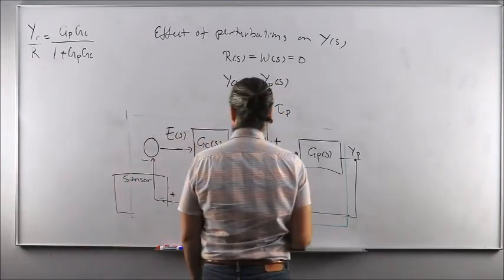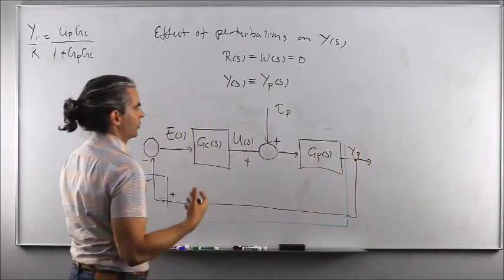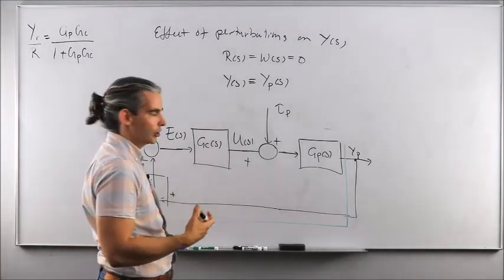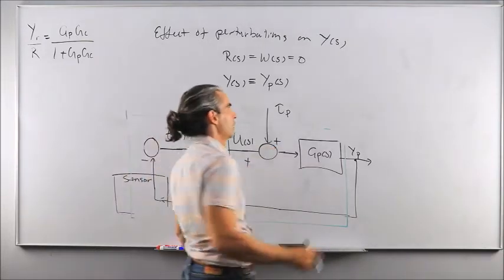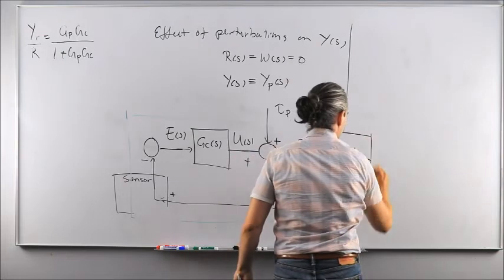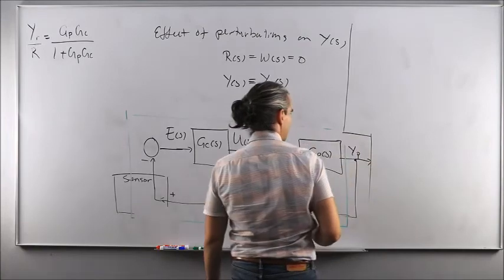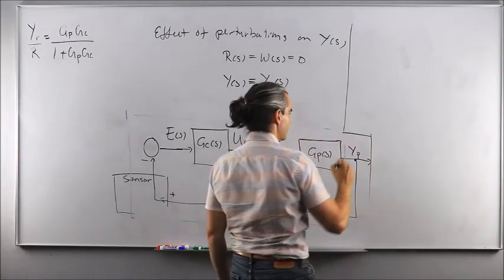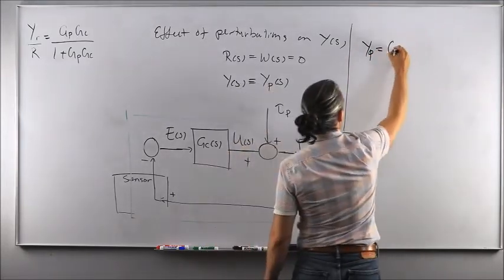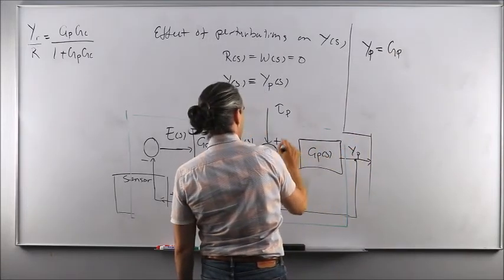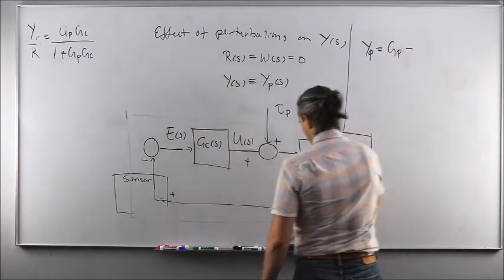Okay, so what I'm going to do here is I'm going to start here at the output and just translate this block scheme diagram in terms of equations just by multiplying transfer functions with inputs to obtain their outputs, as I've done so far, okay? Again, this skill to transfer from block scheme diagram to equations is a fundamental skill that you need to master to do well in this course. So, yp is equal to this transfer function, gp, times whatever comes in, and that happens to be u of s plus tau p.